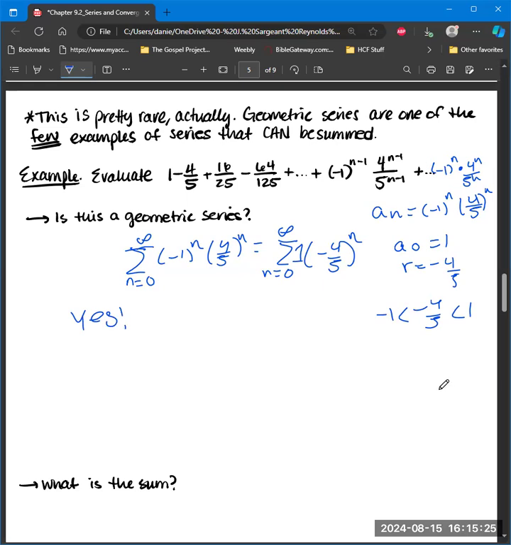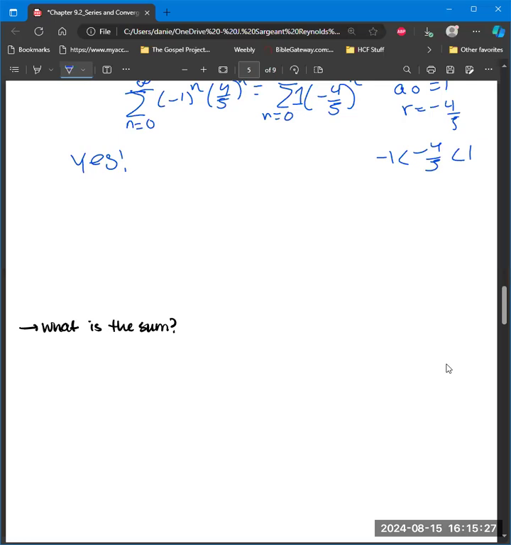And what is the sum? Well, since a0 equals 1 and r equals -4/5, S is going to be equal to 1 over 1 minus -4/5, because it equals a naught over 1 minus r.